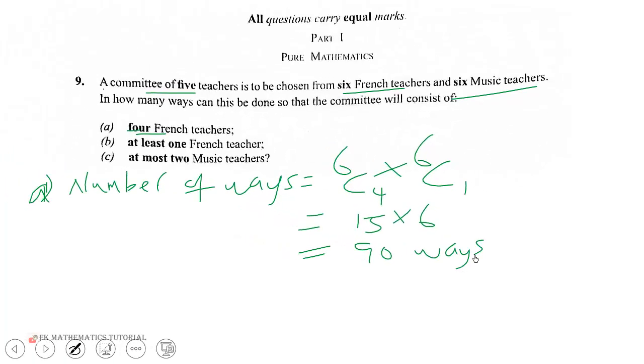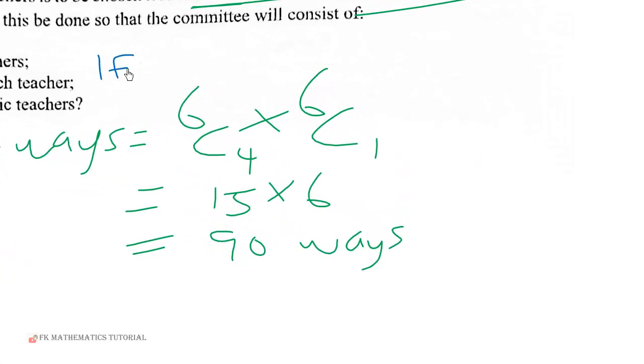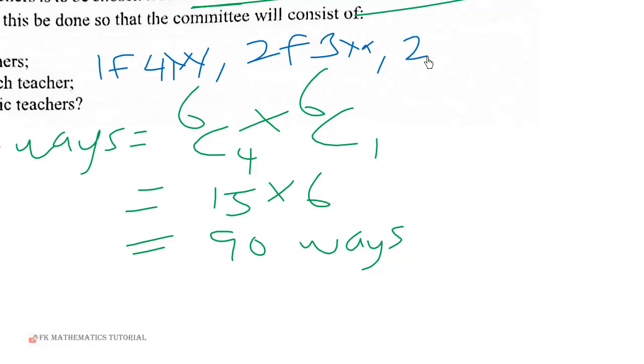Now let's look at the B part. At least 1 French teacher. So at least 1 French teacher means that you can have 1 French teacher, then we have 4 music teachers, then we have also 2 French teachers, then we have 3 music, then 3 French, 2 music, we have 4 French, 1 music, or we have 5 French and no music.